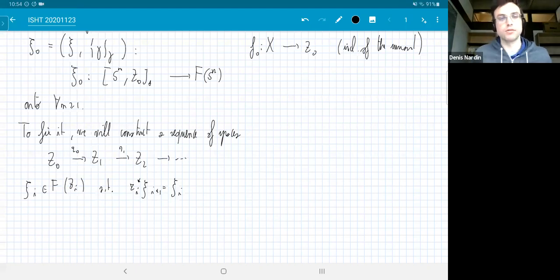And then we're going to let our Z to be the homotopical limit of this sequence.